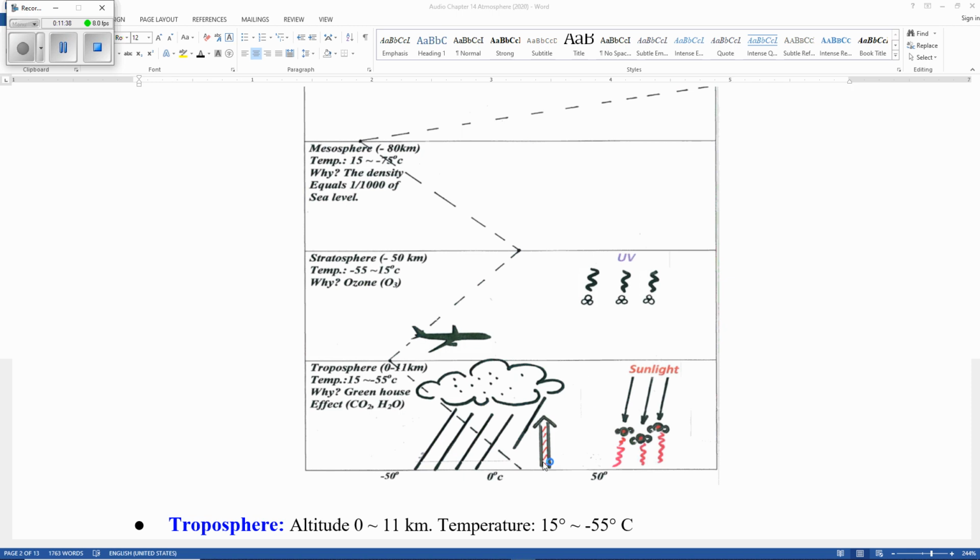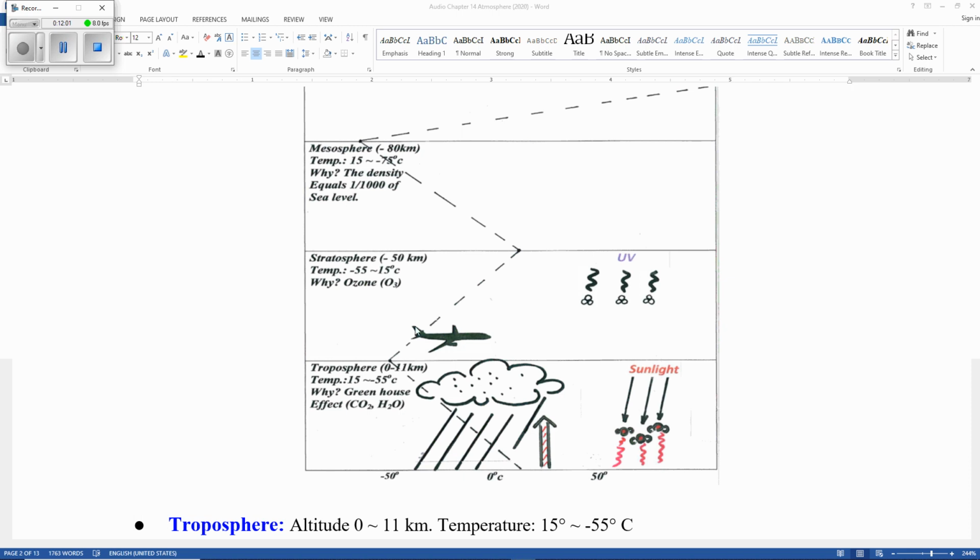Not like the first region, where the warm air goes up and cold air goes down. We call that convection. The air goes up and down. In the second one, the air just stays the way it is: the cold air at the bottom, the warm air on the top. So it's very stable. You don't have air going up and down.